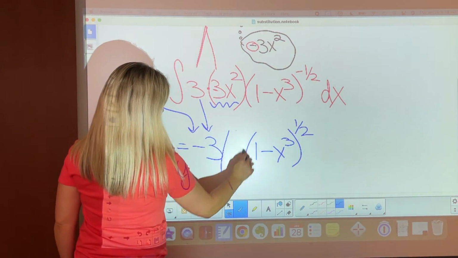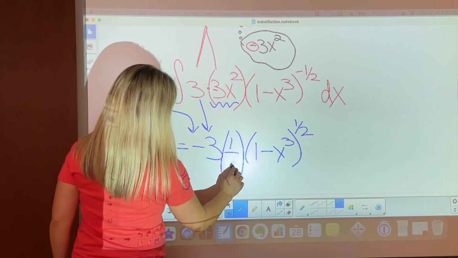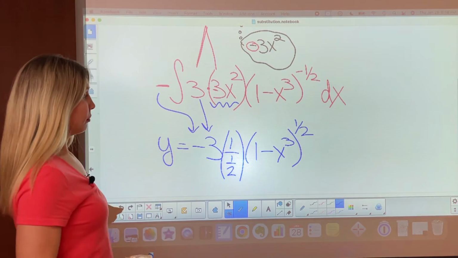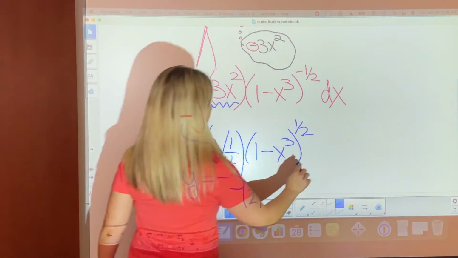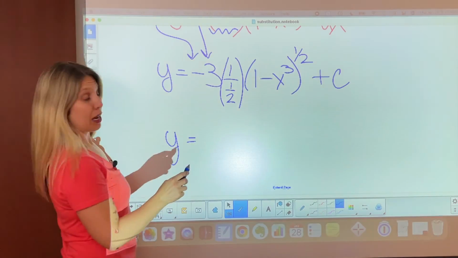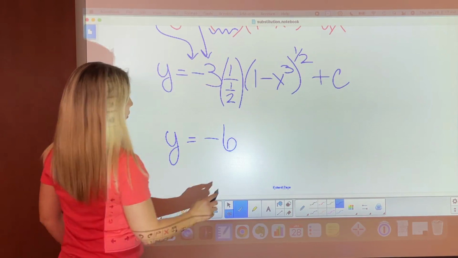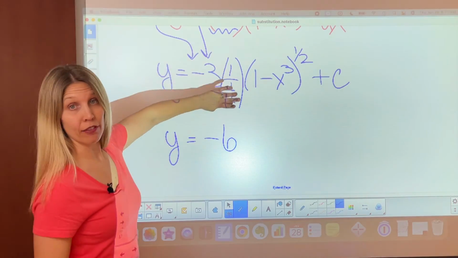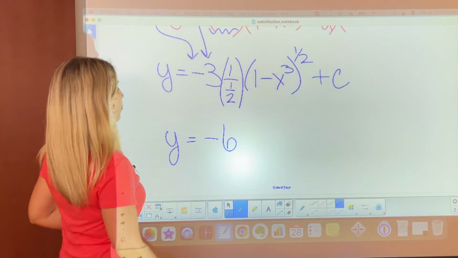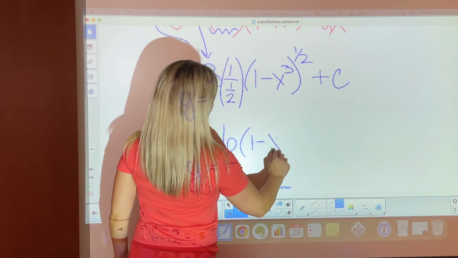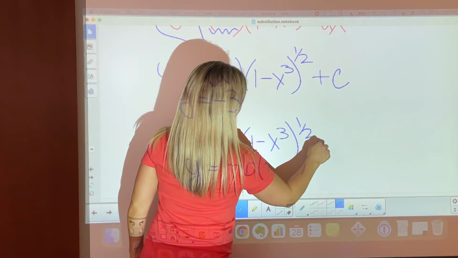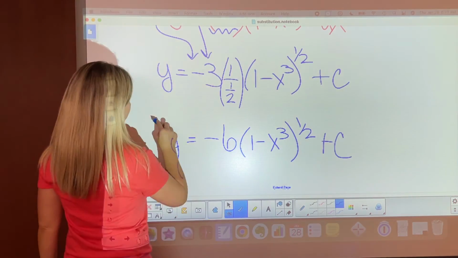And then out front here, I have to have 1 over 1/2. Integration rules, plus c. So now we have negative 6, right? Because 1 over 1/2, that guy's going to flip. You're going to have 3 times 2. Leave the inside piece. And here's my answer.